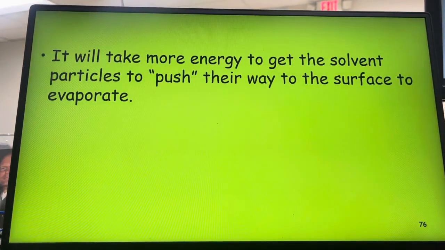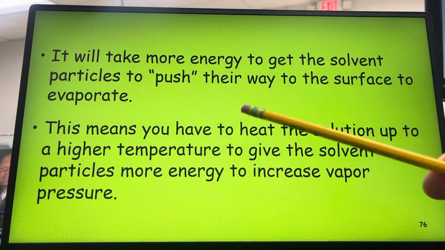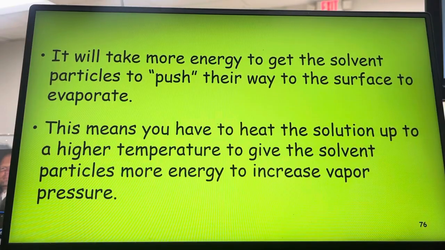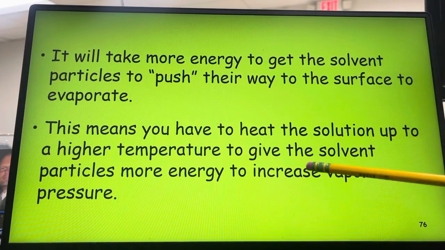It will take more energy to get that solvent particle to push its way to the surface, to evaporate or to boil away. This means you have to add more heat to the solution up to a higher temperature to get those solvent particles to fly away and boil.